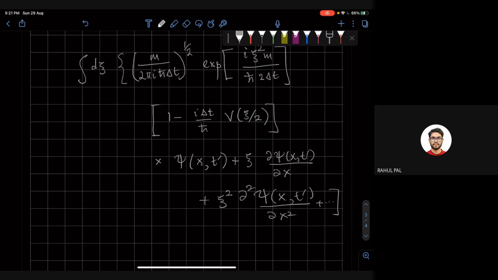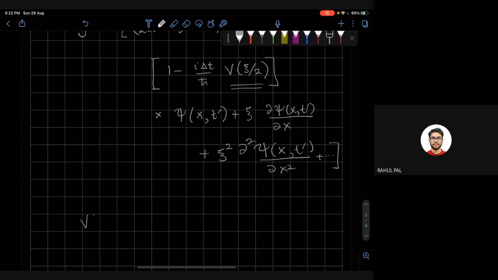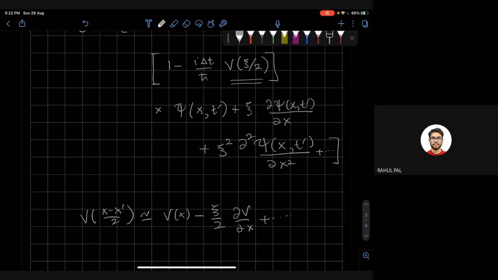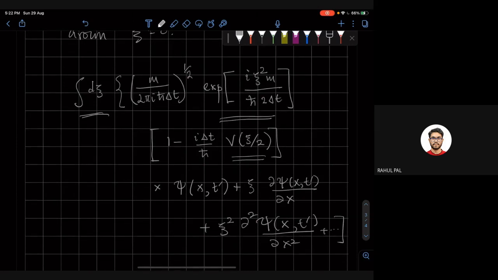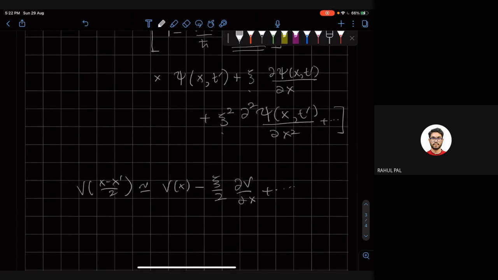And then we can expand this thing as well, because psi is very small. So v of x minus x prime by 2 is v of x minus psi by 2 del v by del x, right? And dot, dot, dot. So now we can put all of this together and see that there is an integral sign, and there is a Gaussian multiplying various factors of psi here.